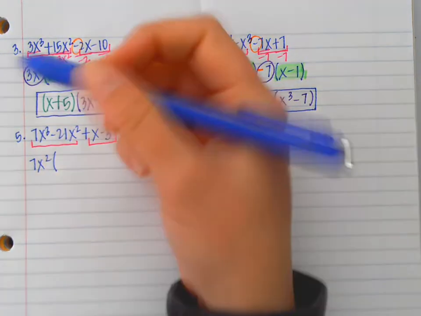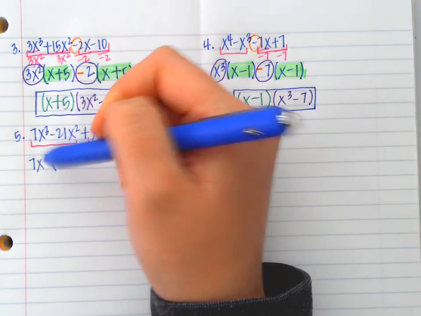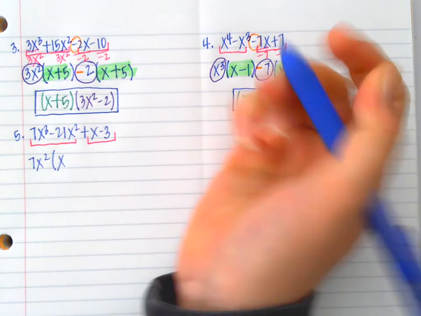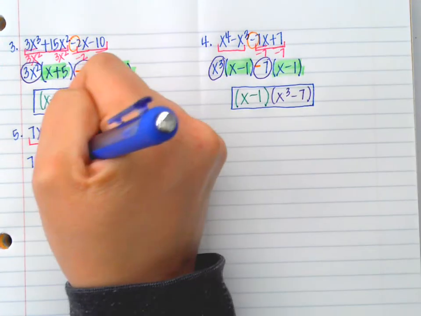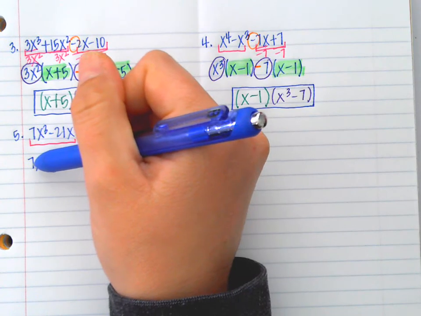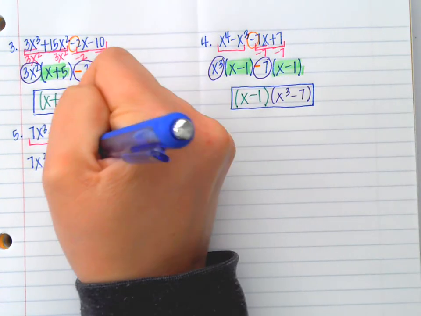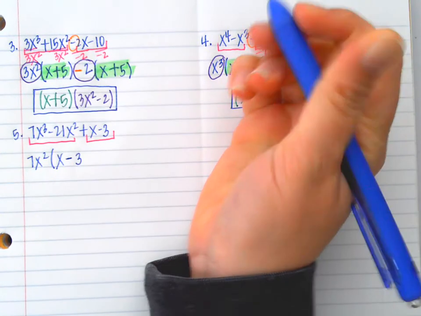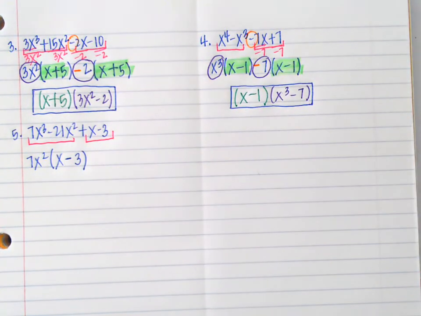And so what's left, 7 divided by 7 is 1, and x cubed divided by x squared is 1x, or x to the first power, sorry. Okay, so bring down that minus because we're just dividing by a positive, so the signs aren't going to change. 21 divided by 7 is 3, and x squared divided by x squared is 1. So 3 times 1 is just 3.